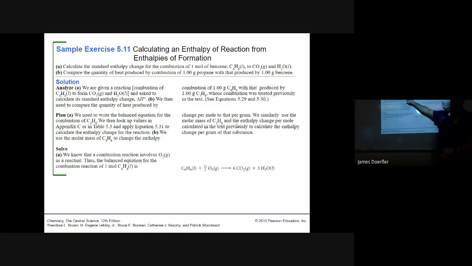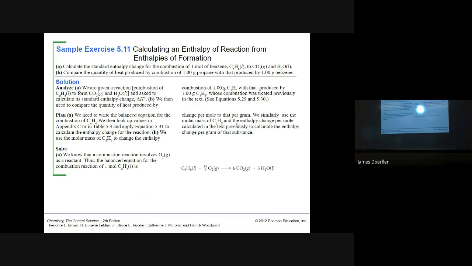So we're not going to worry about problem B here. We're just going to focus on A. A says calculate the standard enthalpy change for the combustion of 1 mole of benzene, which is C6H6, liquid form, to CO2 gas and H2O liquid. This is one of those rare instances where you are not told or given the reaction.